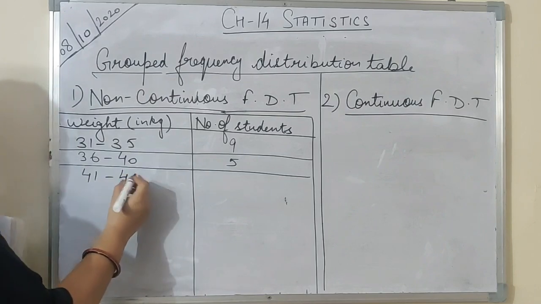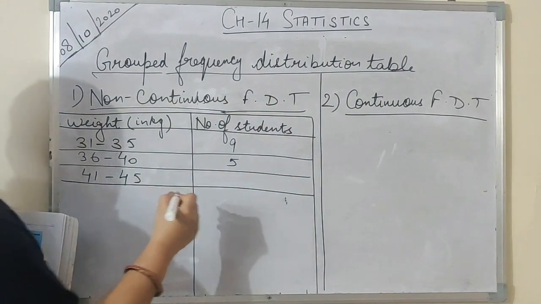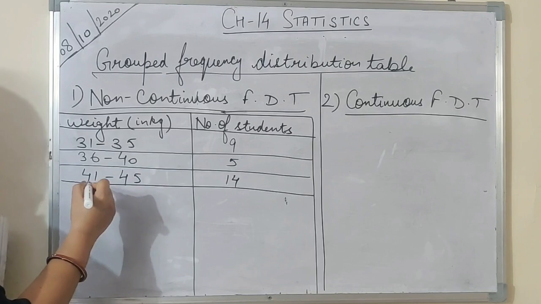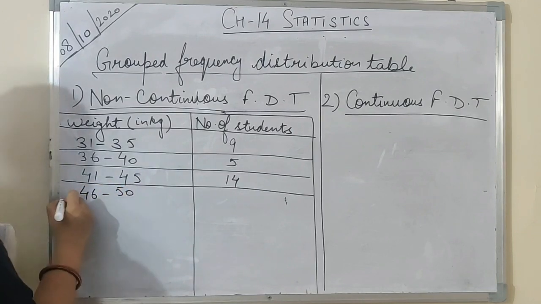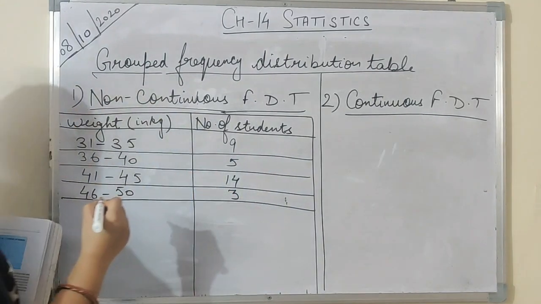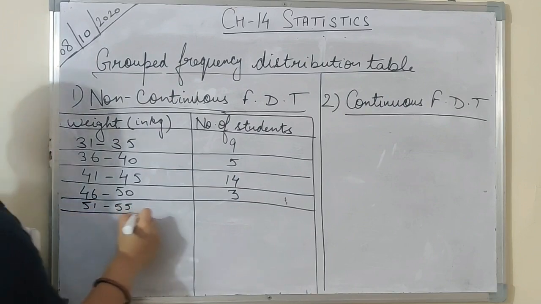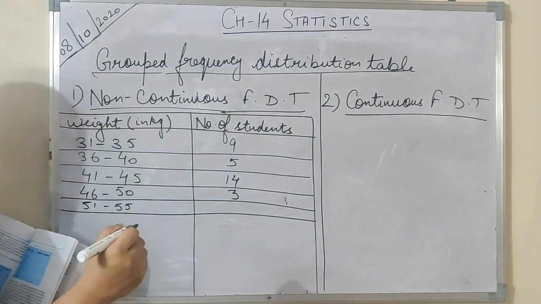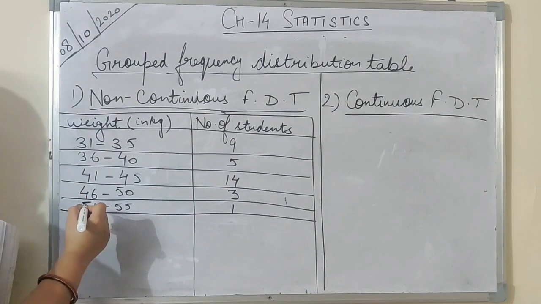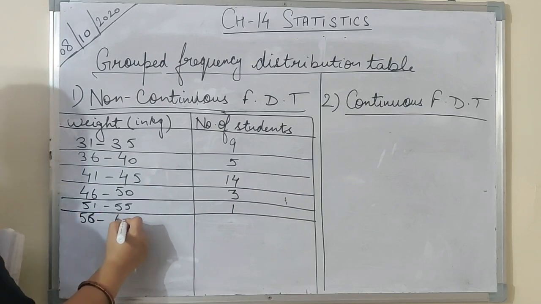Then next you will observe 41 to 45. So that is 14 students. Then 46 to 50. Here again how many students are there? 3 students. Then next is 51 to 55. Again, how many students? You will observe that one student. Then in 56 to 60 group, how many students are there?